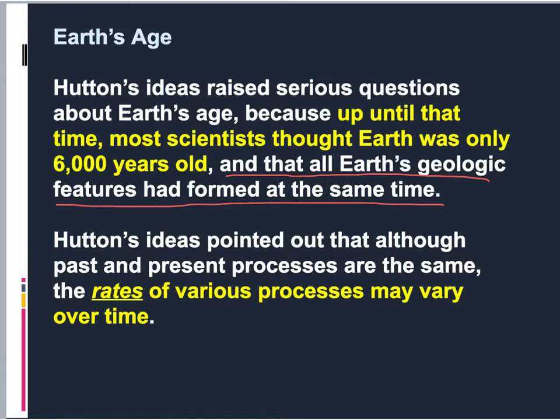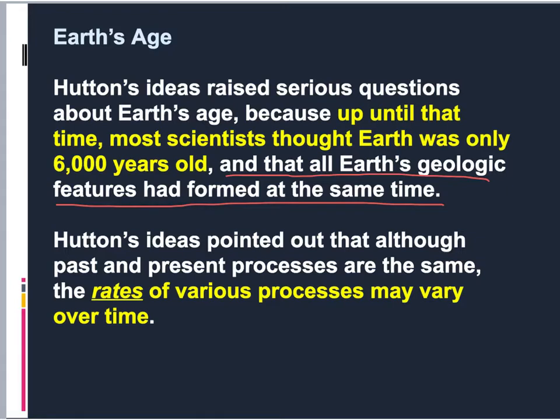So what Hutton really came along and said is he pointed out that although the past and present processes are the same, the rates of various processes may have varied over time. So in his thinking, there may be rapid periods of erosion, rapid periods of volcanism, rapid periods of land creation or land degradation, but sometimes it's slower, right?